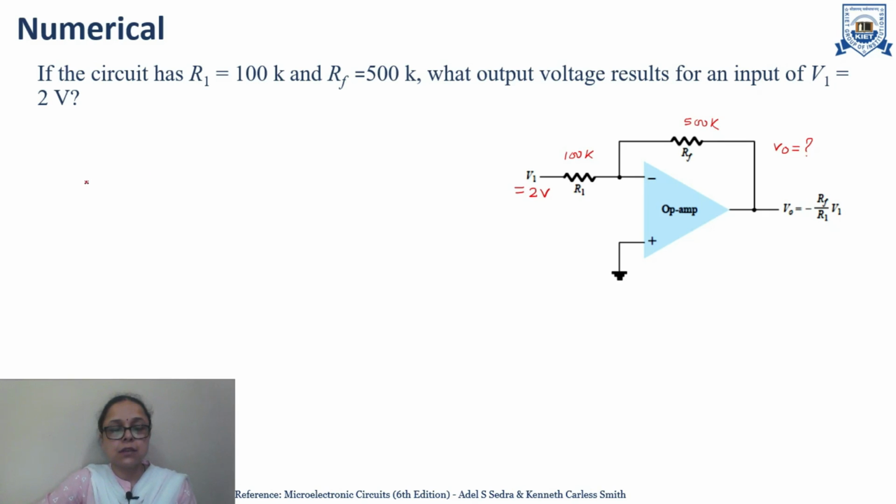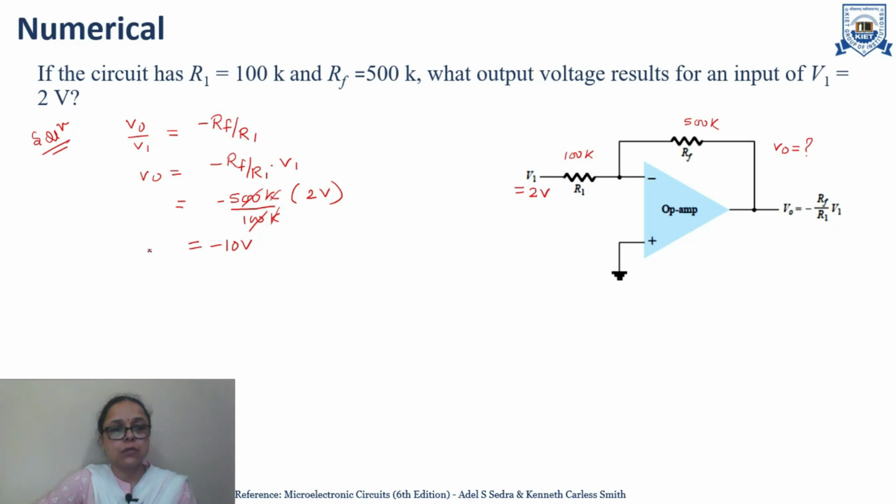Now since it is the inverting amplifier, the expression for voltage gain will be minus RF by R1, and if we want to calculate VO, we can write this as minus RF by R1 into V1. The value of RF is 500 K, R1 is 100 K, and the value of V1 is 2 volts.